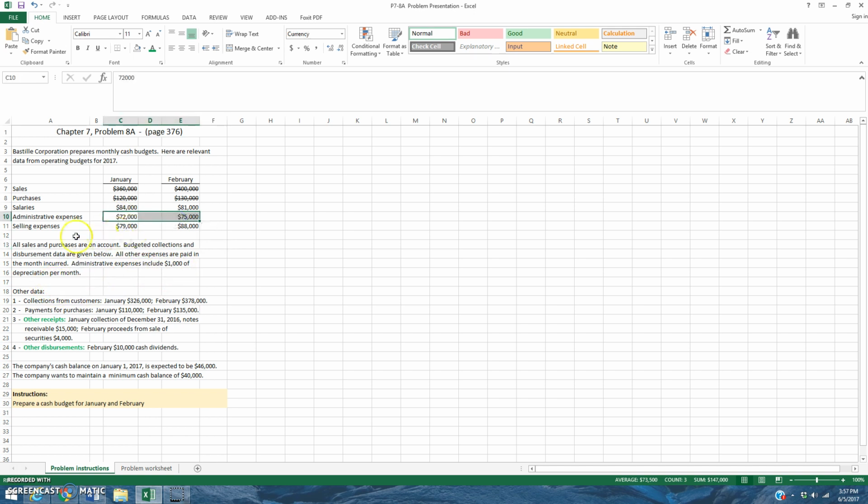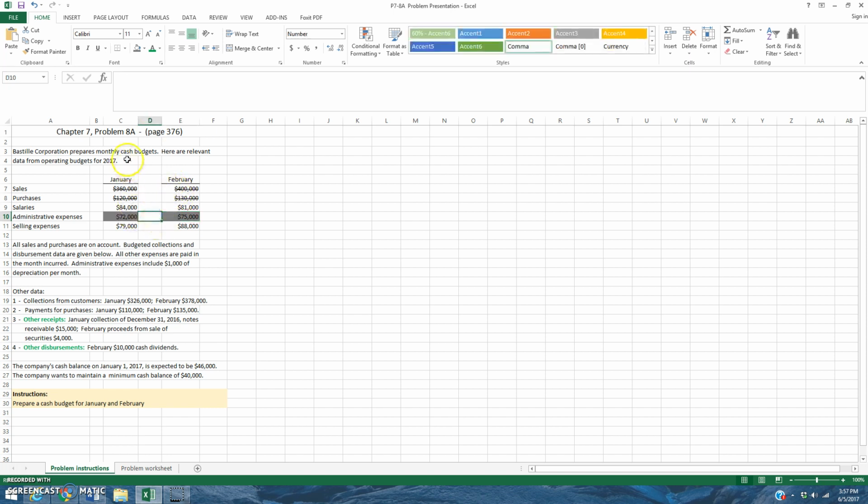So what that's saying is that under administration expenses, these amounts have an additional $1,000 that they should not have, because depreciation is not a cash account. It is an allocated account. And because of that, we're not taking cash out. So we need to reduce both of these accounts by $1,000.